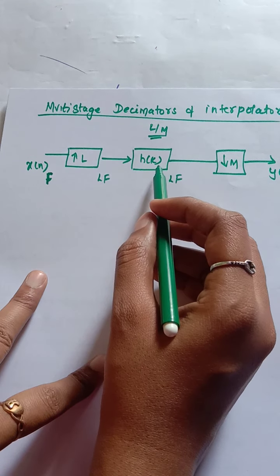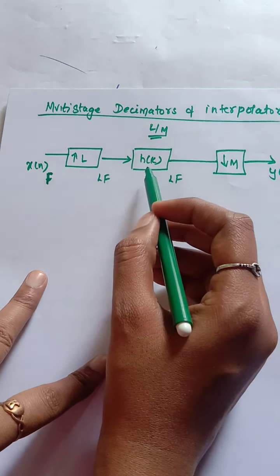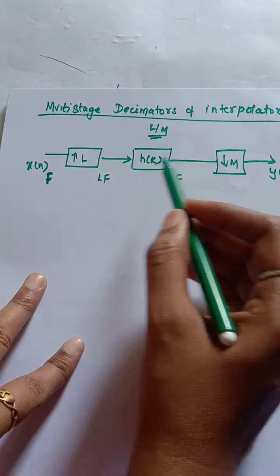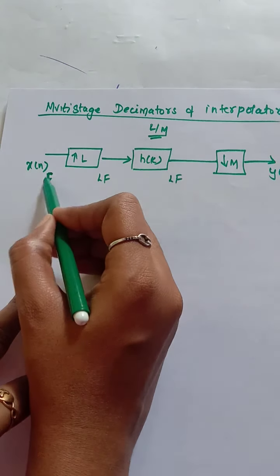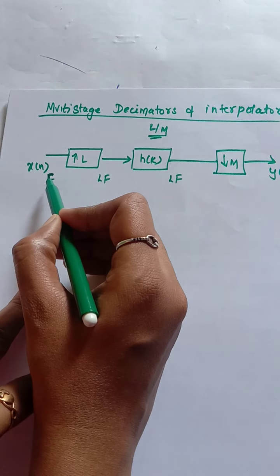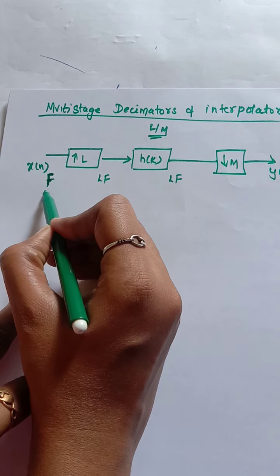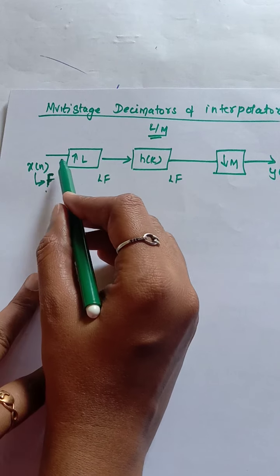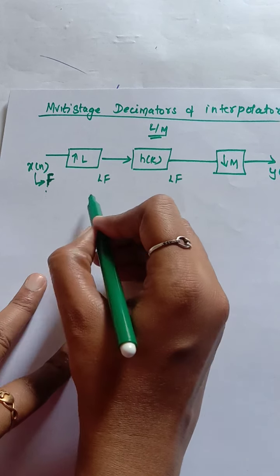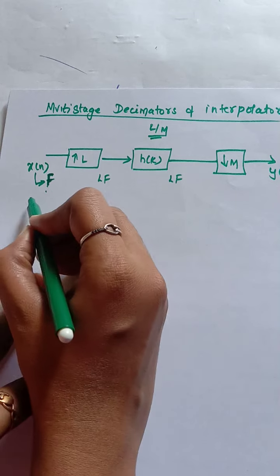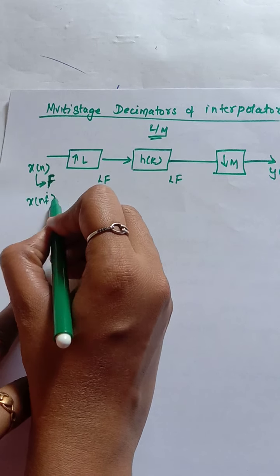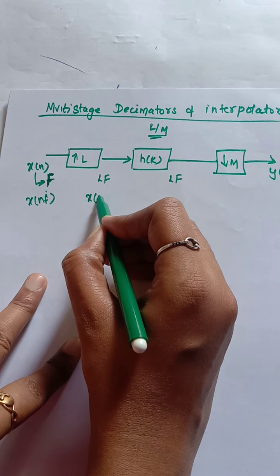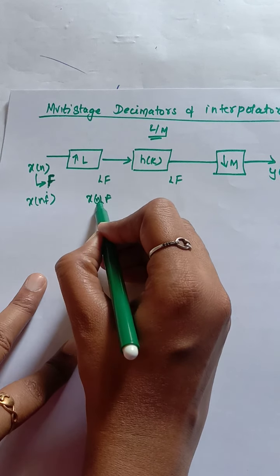In between you have a filter, some system operation h of k. Consider a signal x of n as input to this system. It has a sampling frequency of F. Now I am going to pass it through an interpolation, so I will choose this as LF, x of n into LF.